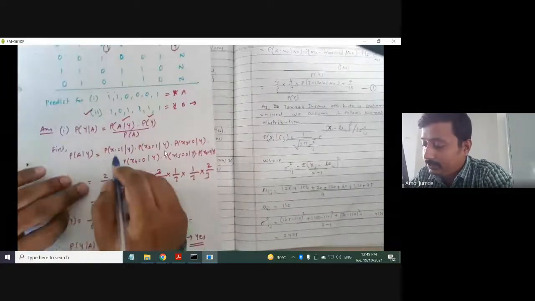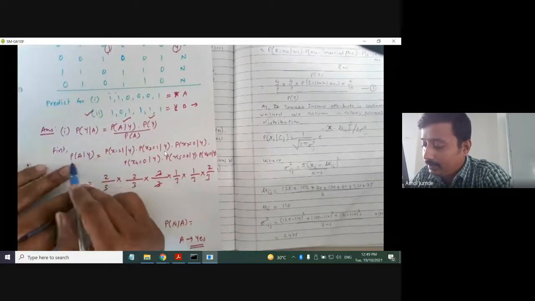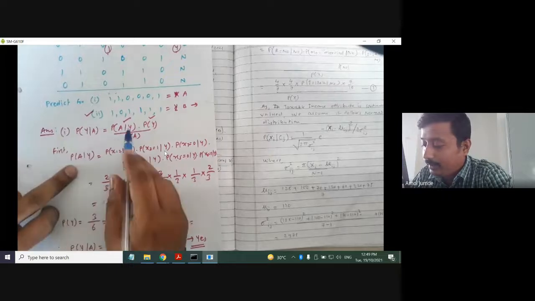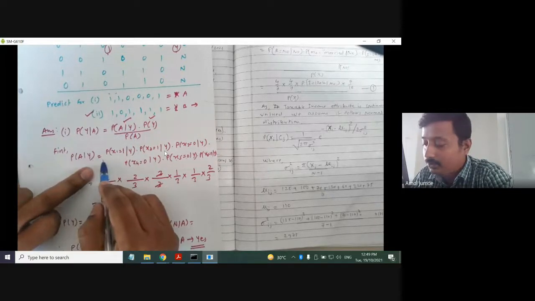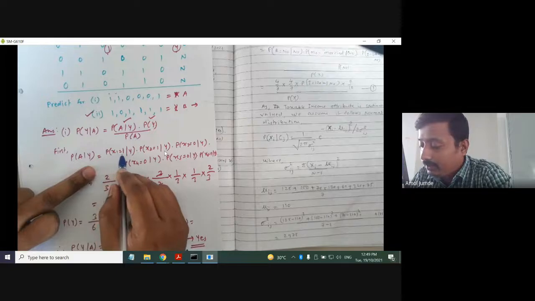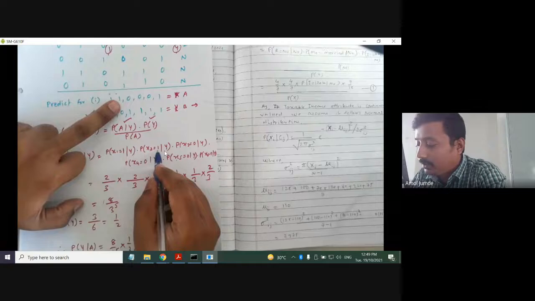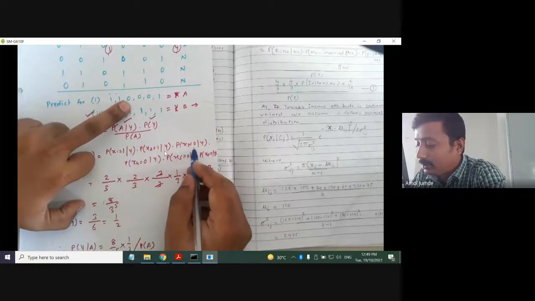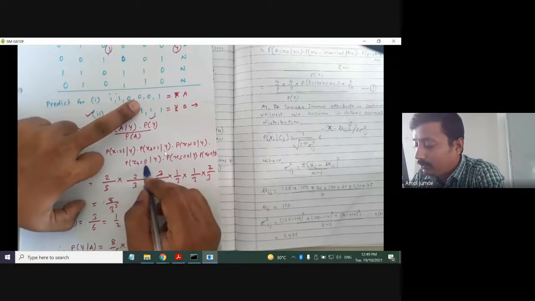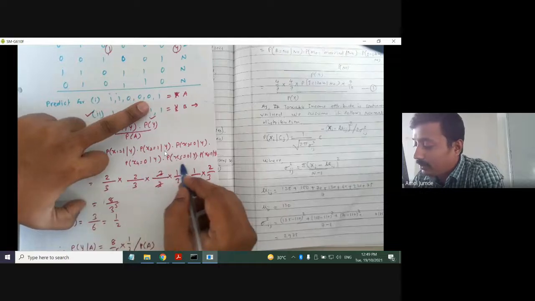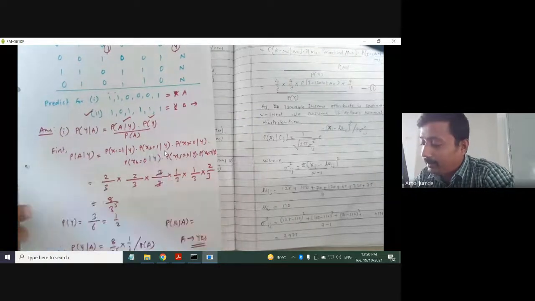Split it, so first probability of A given yes equals probability of x1 equals 1, probability of x2 equals 1, probability of x3 equals 0, probability of x4 equals 0, and so on. Then calculate these probabilities.